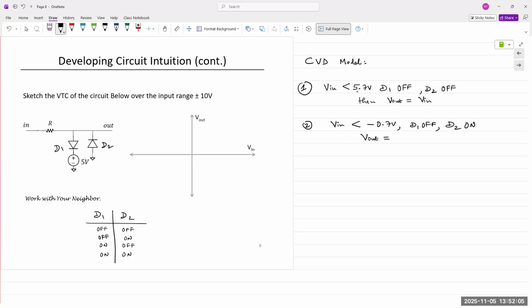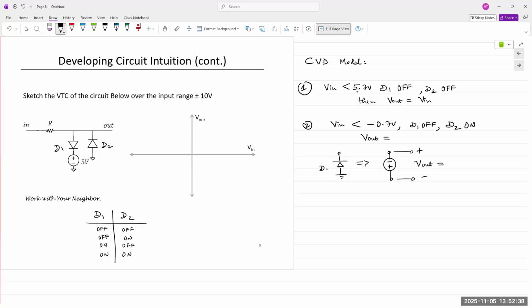What is my V out? It's modeled as a voltage source. Negative 0.7. Absolutely, negative 0.7. And so it becomes like this, and you're taking V out right here.